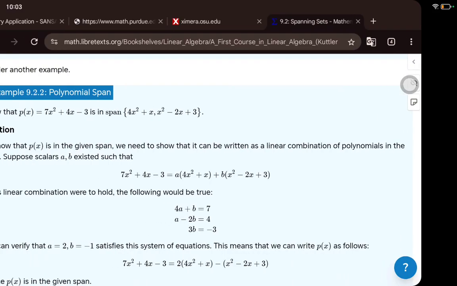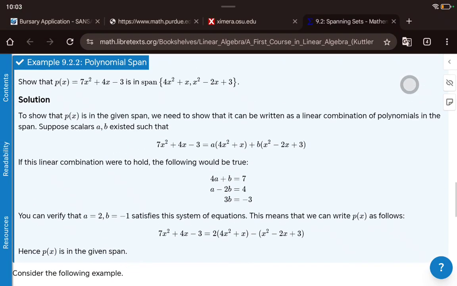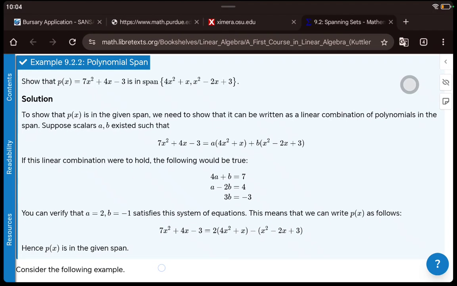Then we can try to check how they did it, but most of the times, let's see what they'll say. We got that a is 2, b is minus 1, and they say that satisfies this system of equations. This means that we can write px as follows. You write like that, and then you verify. You see right now. Hence, px is in the given span.